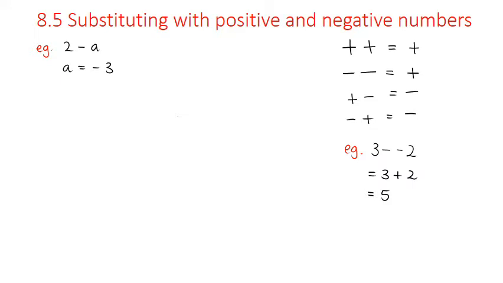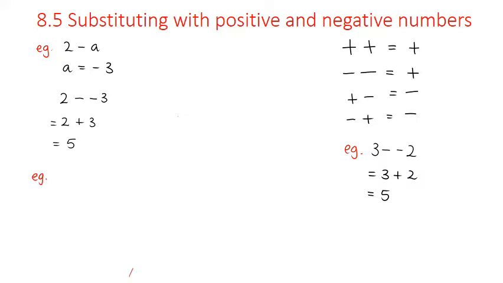All we have to do is substitute a equals negative 3 into the expression above. So we have 2 minus, and a is negative 3. So then we get 2 minus negative 3. So the negative and the negative make a positive, which of course equals 5.